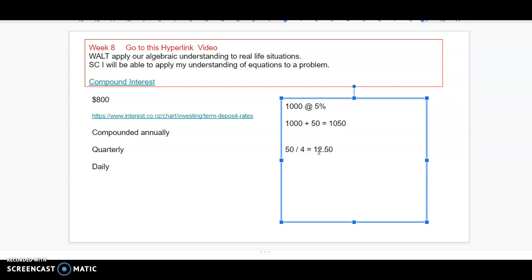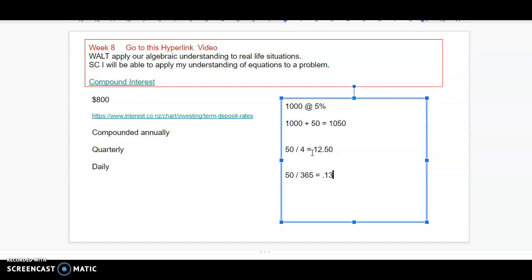Now on a daily one, you've got the initial $50, which is an annual rate, divided by 365, which equals something like 12 or 13 cents a day. So your new amount on the second day would be $1,000.13, and then you would work it out again, divided by 365, and add that on.